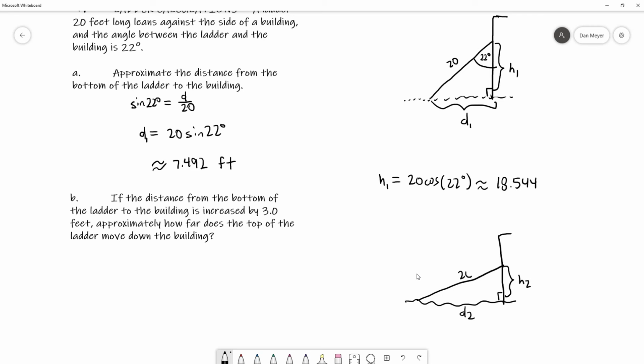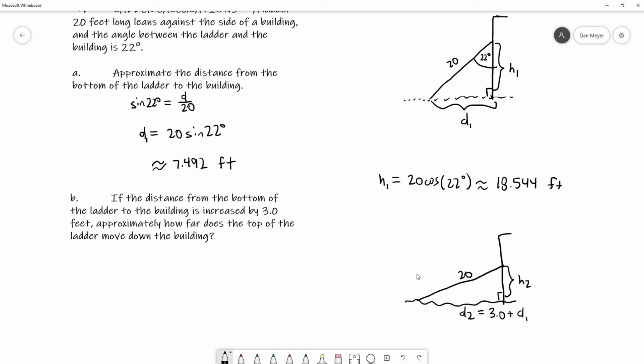The ladder is still 20 feet long. Well, first off, D2 is just 3 plus D1. It's 3 feet further away. The distance increased by 3.